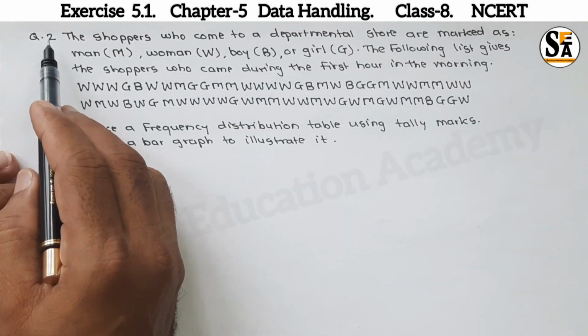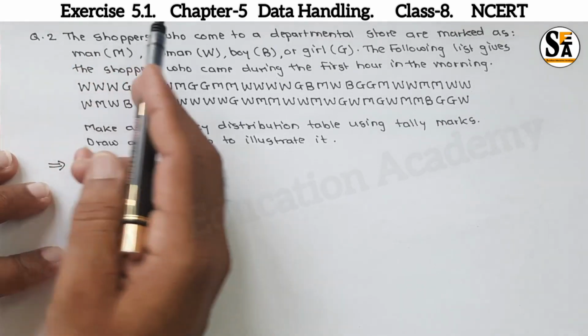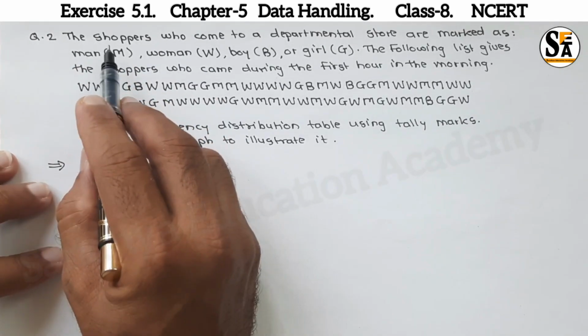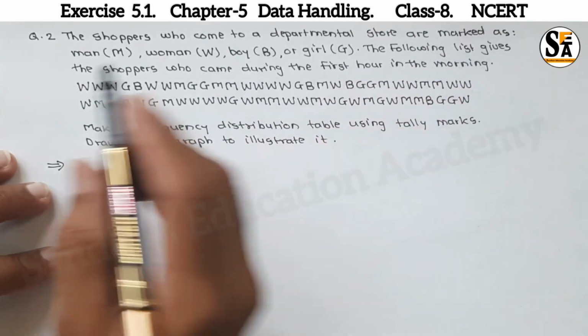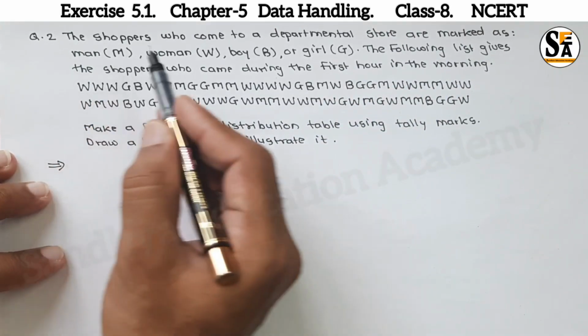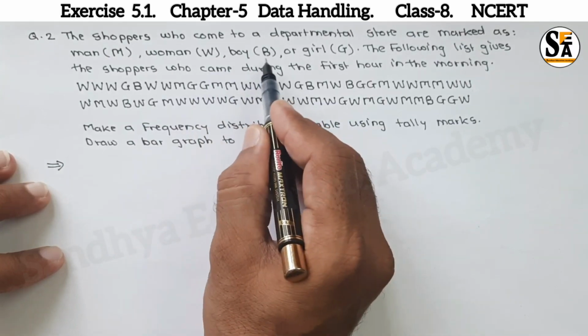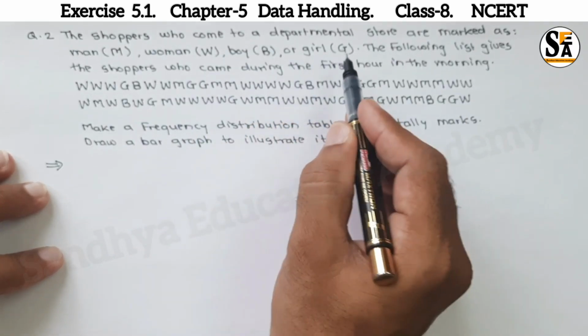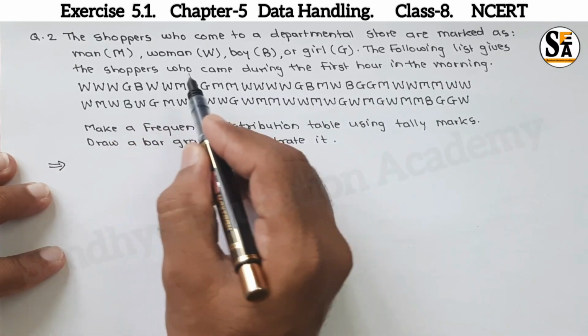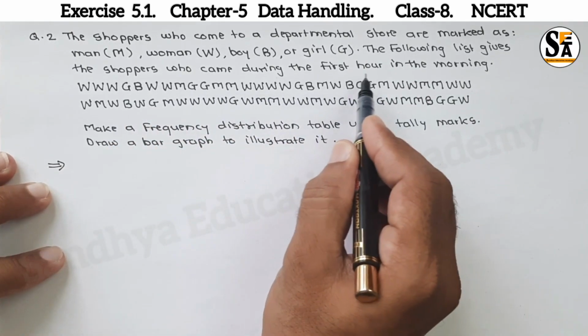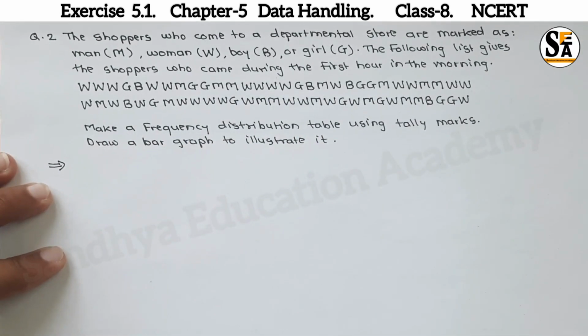Now see question number 2 of exercise 5.1. The shoppers who come to a departmental store are marked as: M for man, W for woman, B for boy, or G for girl. The following list gives the shoppers who came during the first hour in the morning.